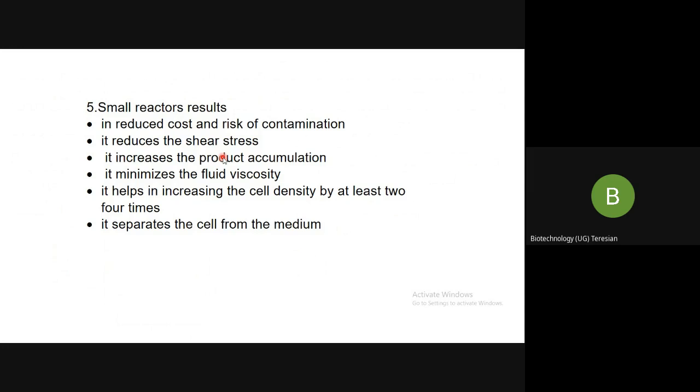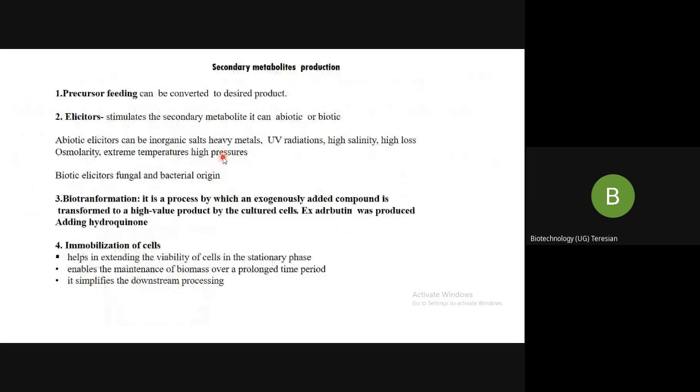And so it is very much relevant in the biphasic process. What is biphasic? Biphasic is where first you produce your biomass and then you produce your secondary metabolites. That process is called biphasic. So you can see the advantages of using immobilized cells.